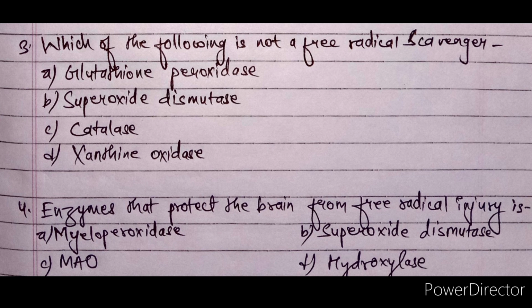B. Superoxide dismutase. C. MAO. D. Hydroxylase. So please comment down in the comment section the answer of all these questions from 1 to 4 to check whether those answers are correct or not.